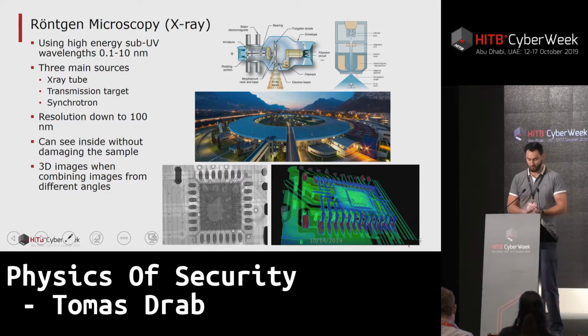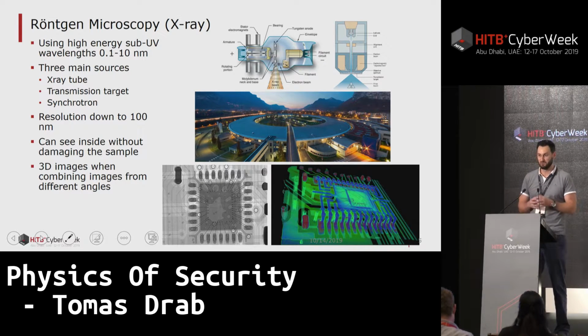So what would you do if you have a chip you know nothing about? Yeah, X-ray is an answer. You can see through the material using a high energy beam, or high energy wavelength electromagnetic radiation. Sorry.